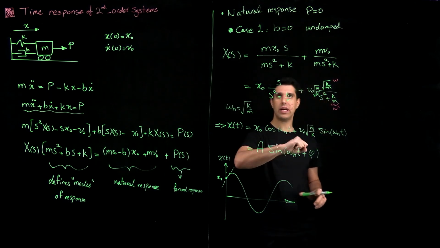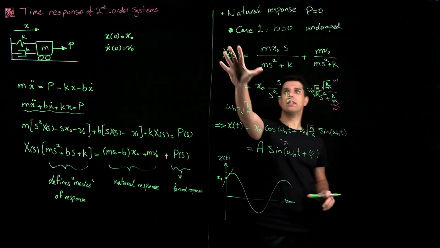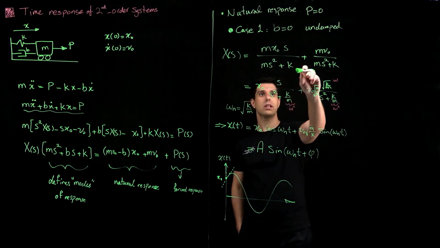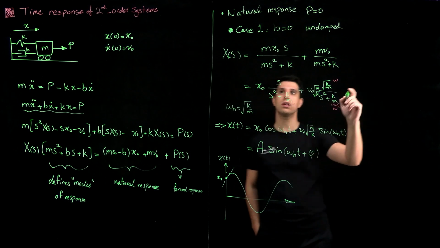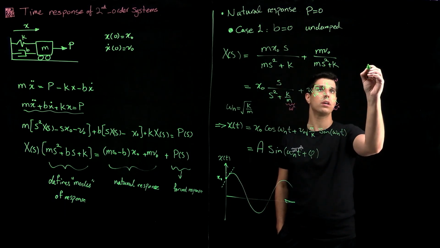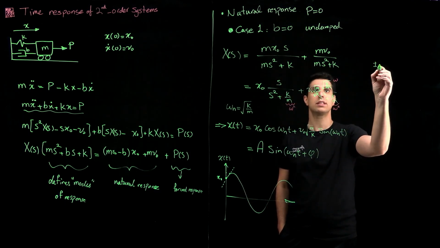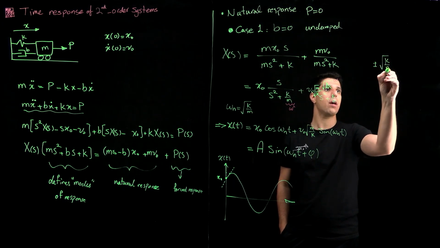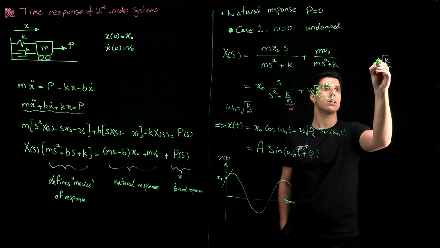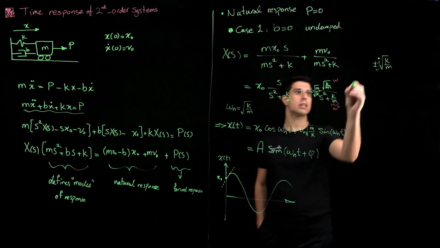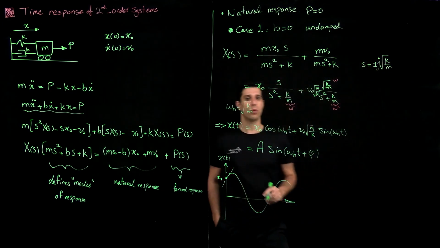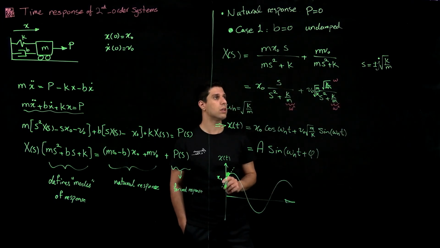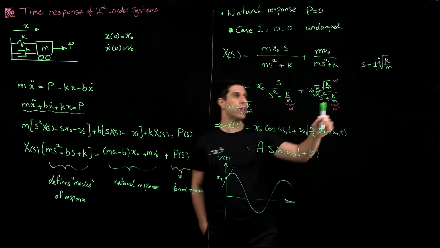And we should have really expected this, starting from up here, because looking at this characteristic equation, the poles are plus minus square root of k over m times j. Both of these are complex conjugate numbers without any real part.